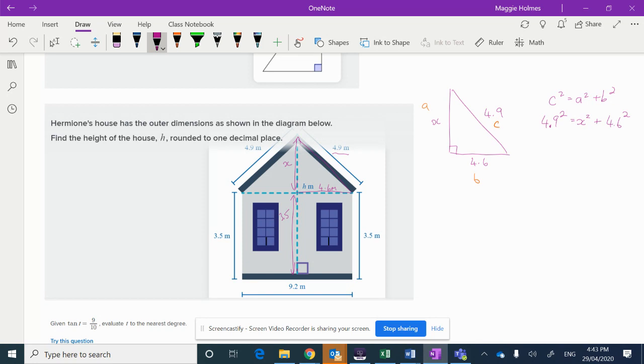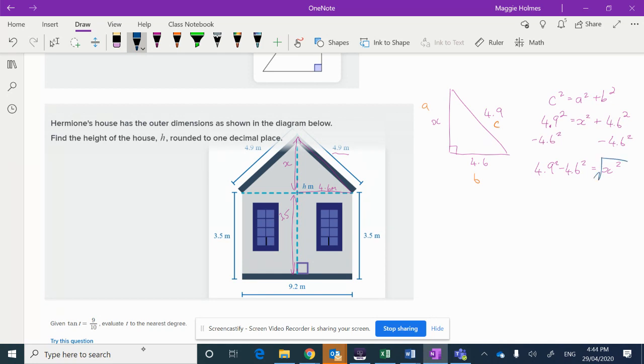Now, at this point, you can subtract 4.6 squared from both sides to leave x squared there, or you can put these in your calculator now. I'm going to subtract 4.6 squared from both sides. So this side is going to be 4.9 squared minus 4.6 squared is x squared. I'm just showing you a way where you can get to the final answer by putting all of it in your calculator.